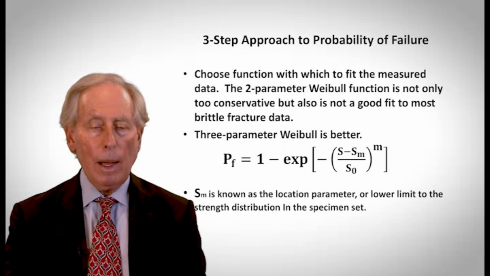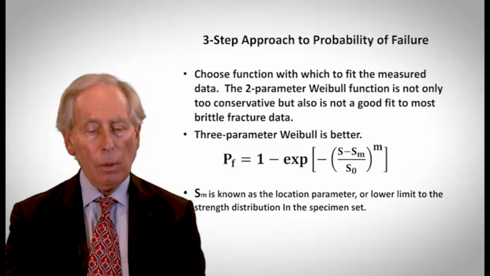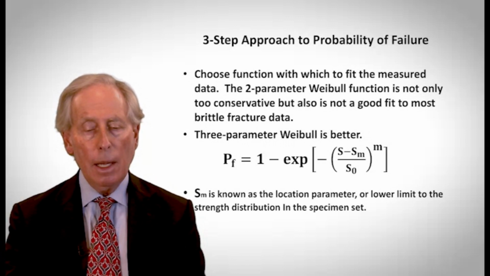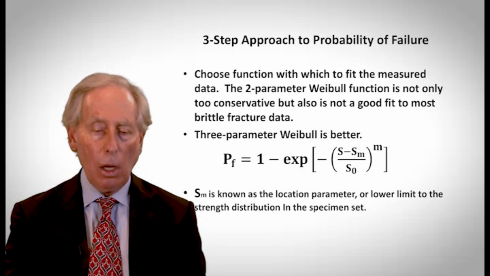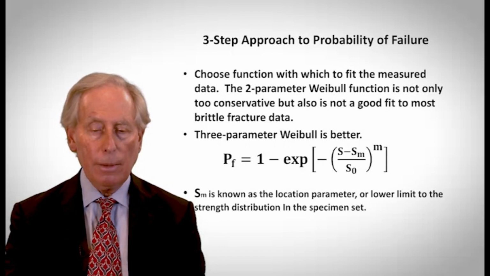It makes the two-parameter Weibull extremely conservative, maybe too conservative for a designer. In other words, if you allow failure at zero stress, you're going to be over-designing components. So if you're going to use different expressions than two-parameter Weibull, the three-parameter Weibull is a very nice way to look at that with this so-called location parameter, because this is really the parameter that we want to know. What's the minimum possible strength in my set of specimens, and then ultimately in the set of components that I'm going to create from it.